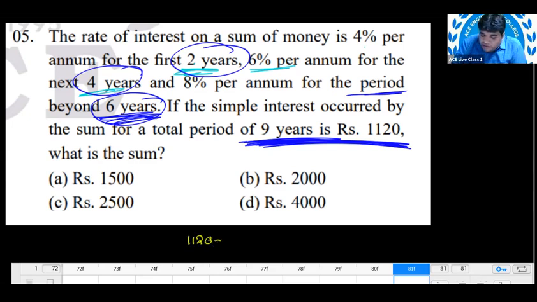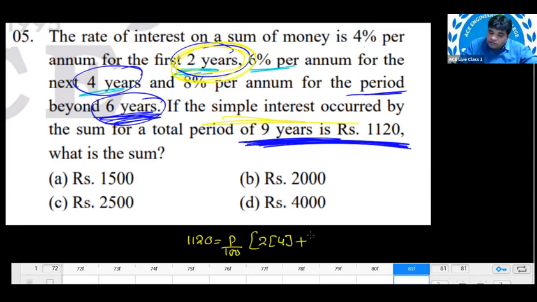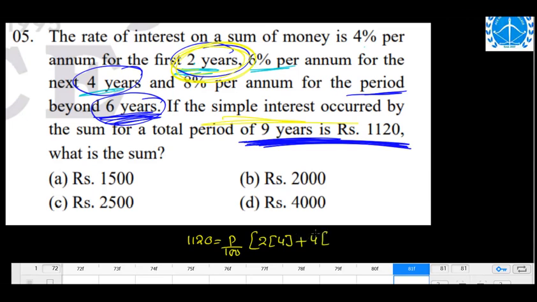Look at 1120. What is the principal? You don't know the principal. It is based on simple interest. So P by 100 into first T1. First T1 means what is the years? 2 years, rate 4%. Next 4 years, what is the rate? 6%.